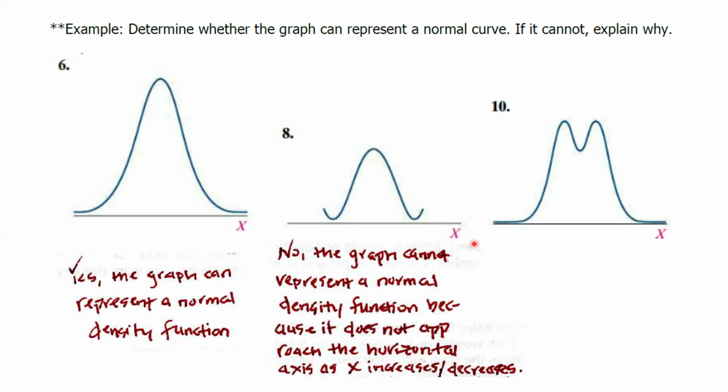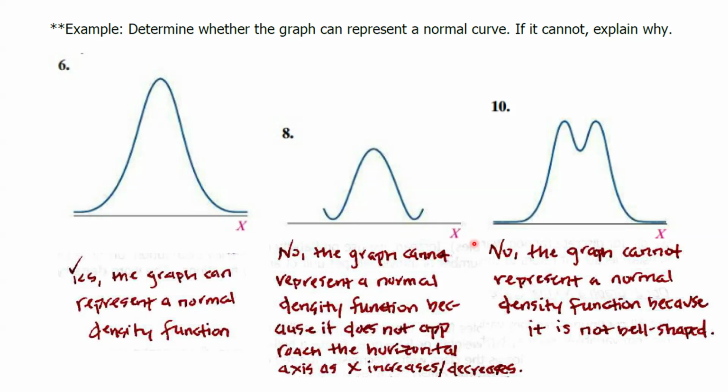And then for number 10, this also does not represent a normal curve. Here, the graph cannot represent the normal density function because it is not bell-shaped. Although our graph is approaching the horizontal axis as x increases and decreases, we have 2 modes in this curve, making it not bell-shaped.